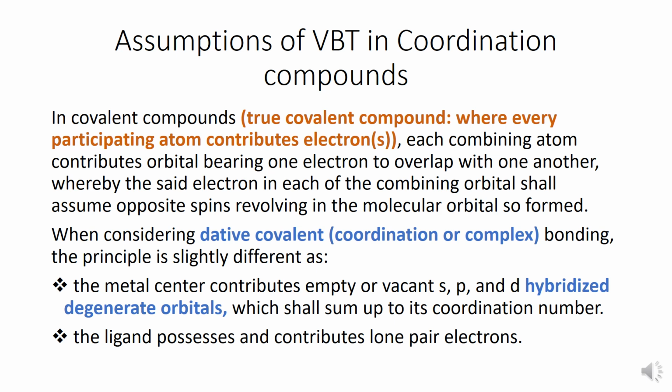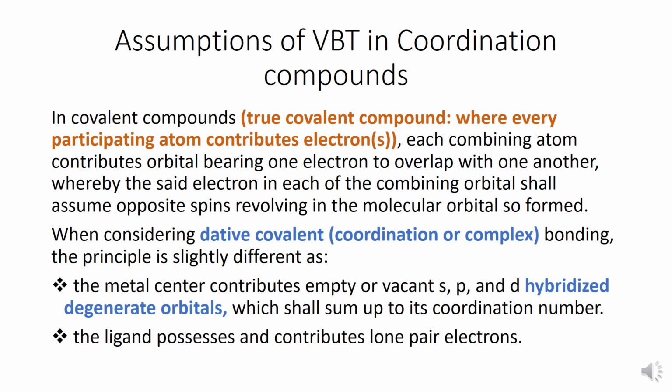The hybridized orbitals will sum up to give you the total number of coordination that the metal center can take, which we call the coordination number. Every atom has a definite number of ligands or anions that it can accept at a particular geometry.